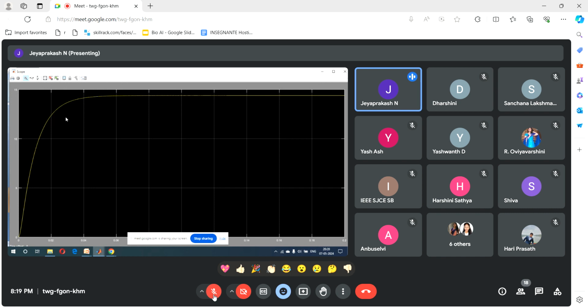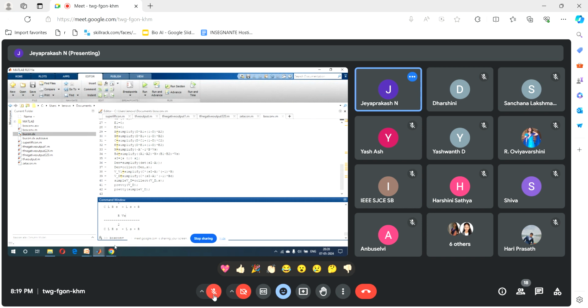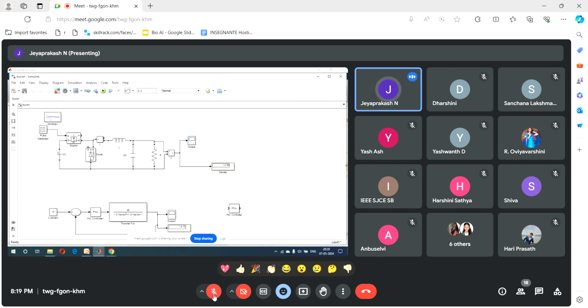Okay. So the same waveform I am going to obtain with the transfer function. So this is the transfer function block.